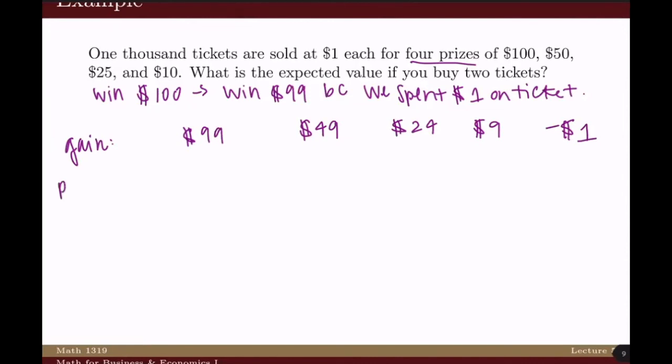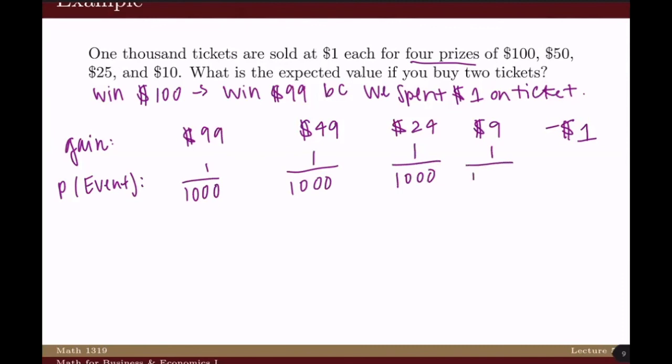The probability of each event is, well, to win $99, that probability is 1 out of 1,000. And the same for all of the other values, because there are only 1 of these tickets, and there are 1,000 total. However, since there are 4 winning tickets, that means there are 996 losing tickets.